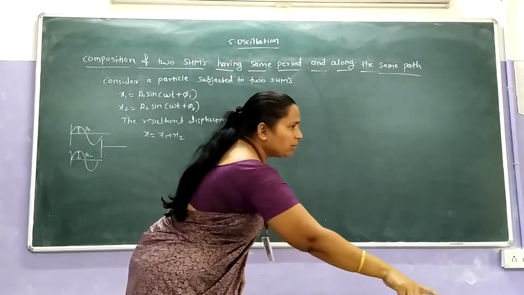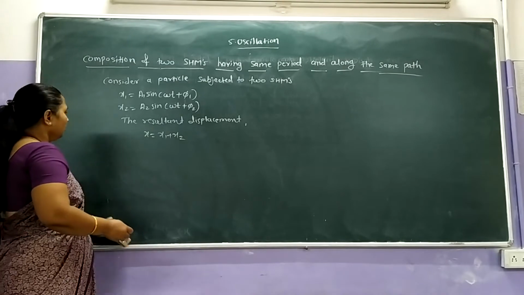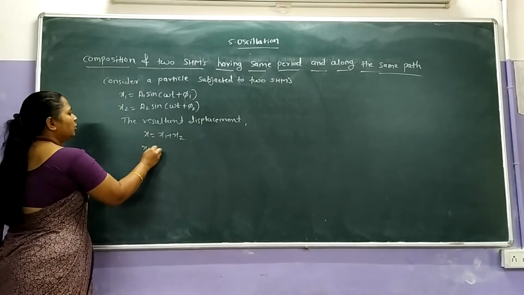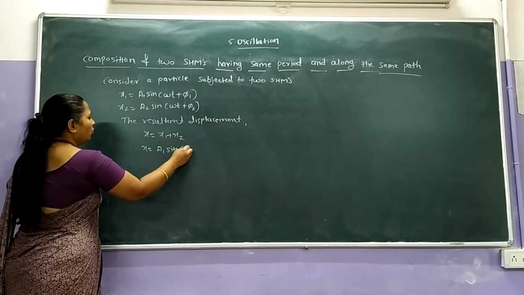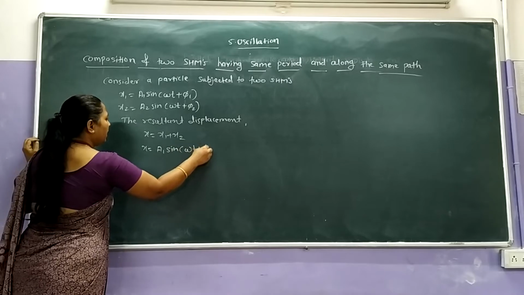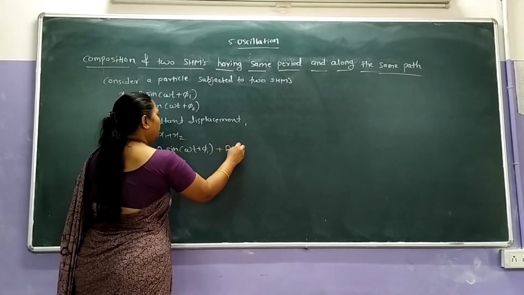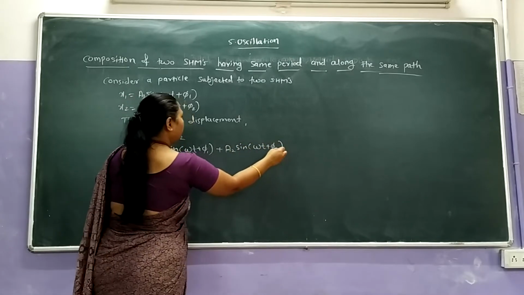Substituting the values, using the relation x1 is equal to a1 sine of omega t plus phi 1, plus a2 sine of omega t plus phi 2.